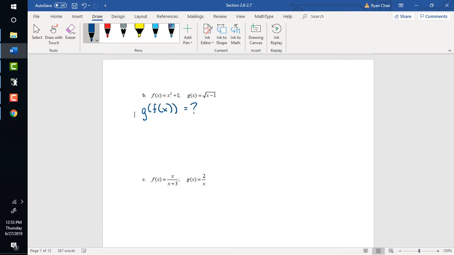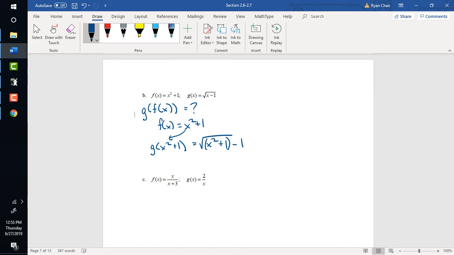So you're going to do the same thing where you replace x into f of x first. So f of x will be equal to x squared plus 1. And then I replace that into g of x. So this becomes g of x squared plus 1 is equal to square root of x squared plus 1 minus 1.